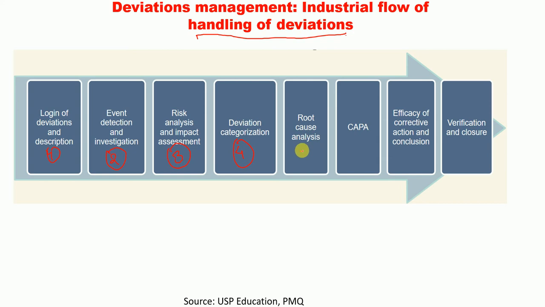Number five is root cause analysis. Number six is CAPA, corrective action and preventive action. Number seven is efficacy of corrective action and conclusion. And number eight is verification and closure of CAPA. So this is the industrial flow of how a deviation is handled when it occurs.